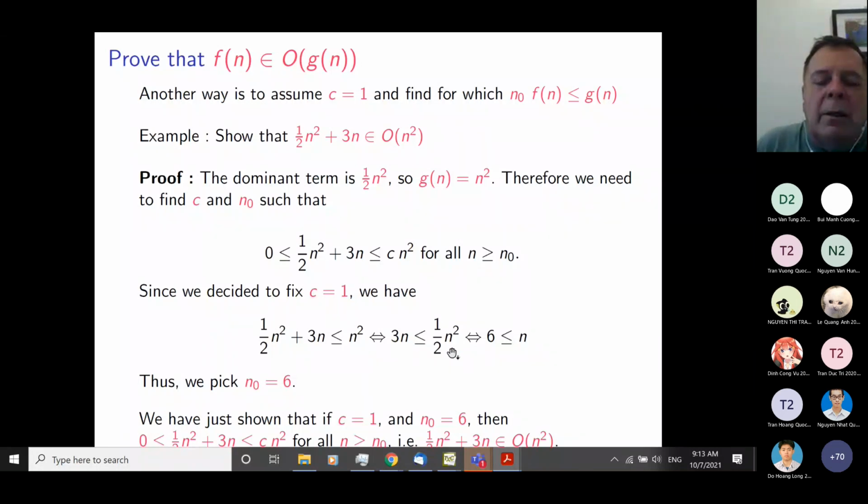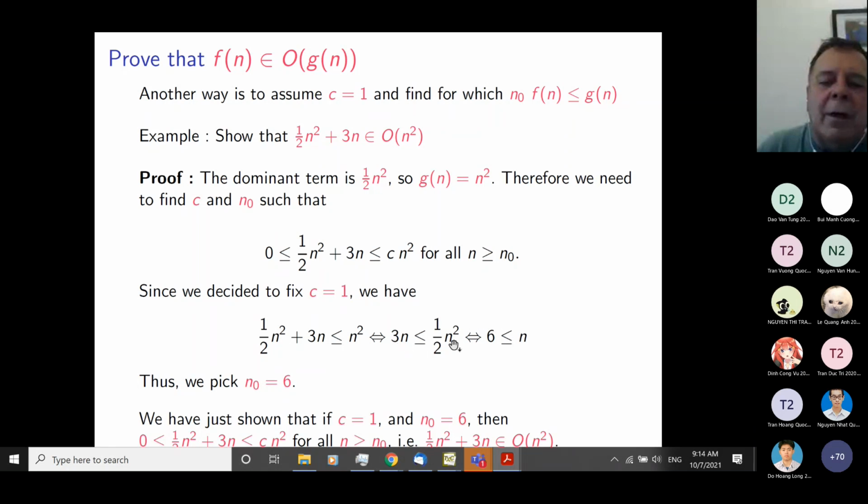And this is going to work for 6. So 6 squared is 36, divided by 2 is 18. And this is 3 times 6, which is 18.